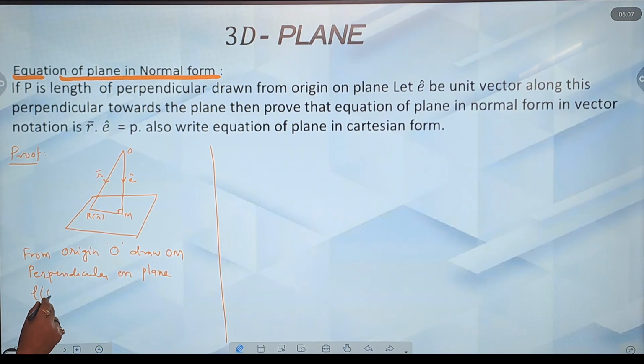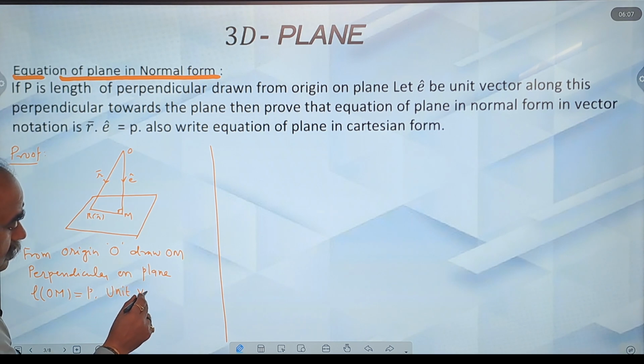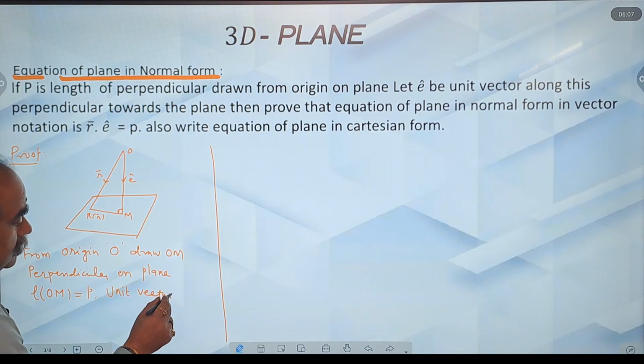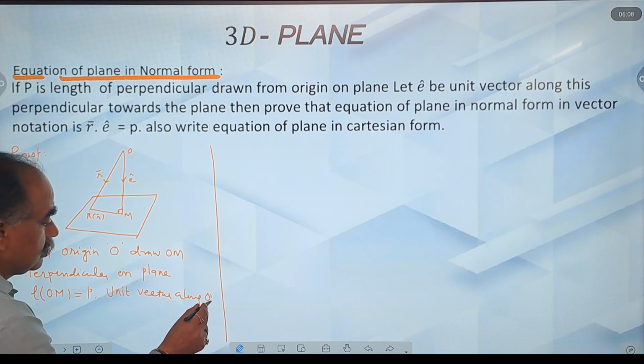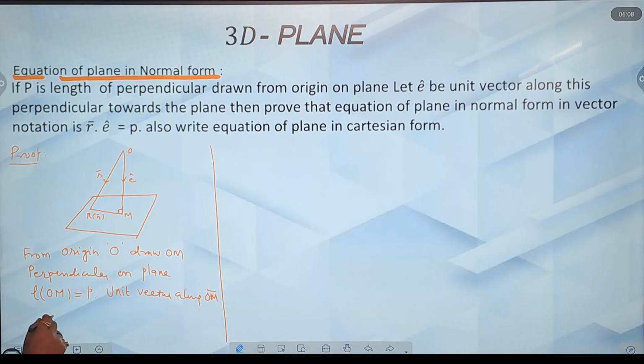Length OM is what? P. And the unit vector along OM bar is E cap.